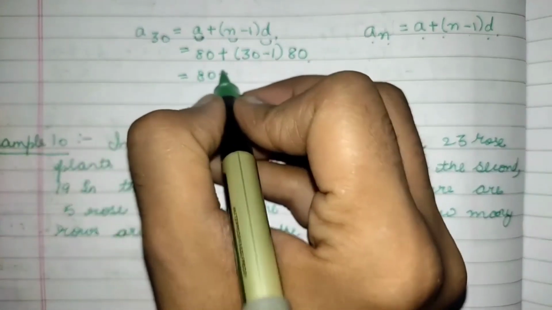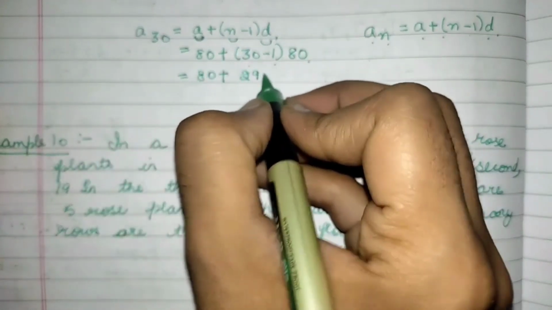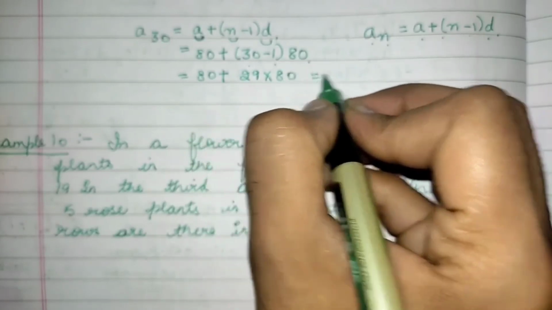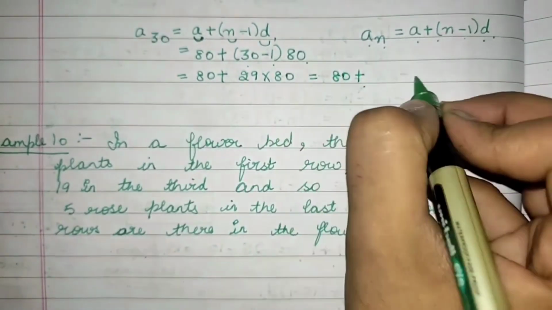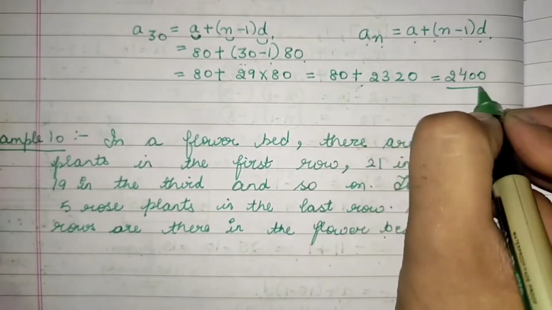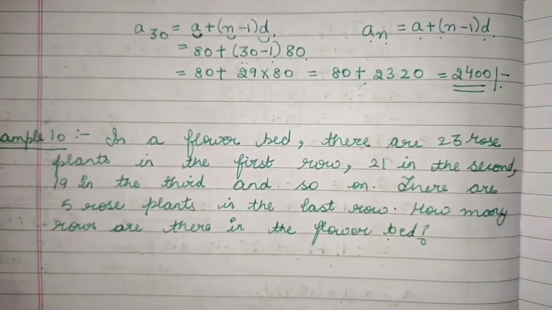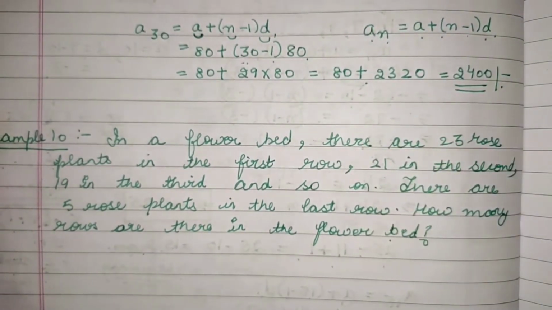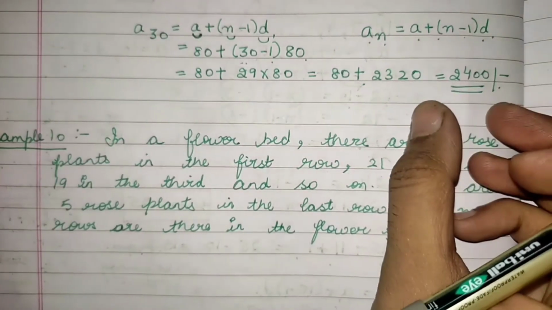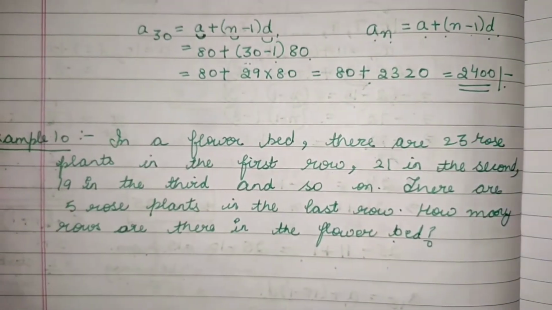So I will get 80 plus 29 into 80. So my answer will be equal to 2400 rupees. So the simple interest after the end of 30 years will be 2400.